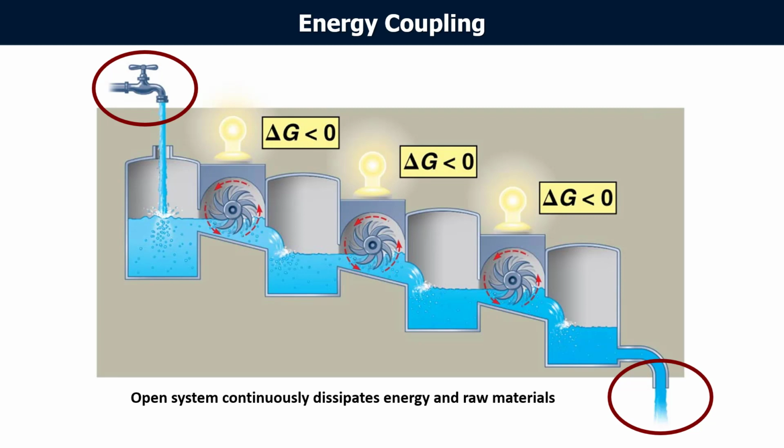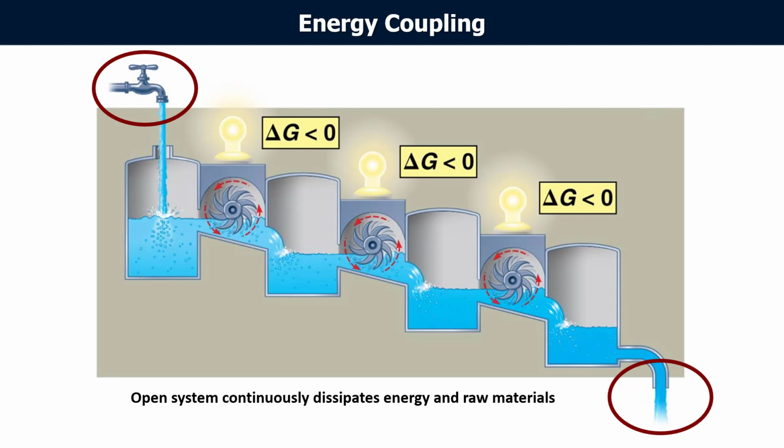Now the metaphor for this would be the faucet at the top is the sun, bringing in the energy, and then raw materials can be harnessed as well. And then the energy gets incorporated into life and it flows through the living system. Think of that as a food chain if you want to, but the whole ecosystem remains living even as carbon dioxide and water and energy are dissipating out at the bottom end.